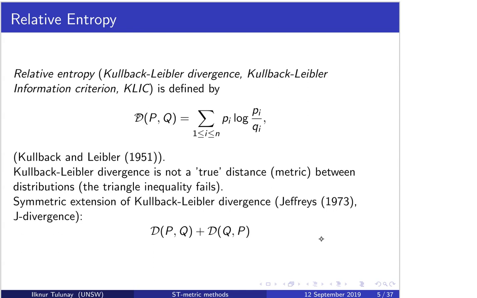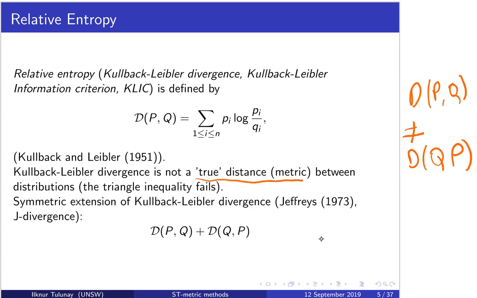The key here is that this is not a symmetric value, so D(P||Q) is different from D(Q||P). Also, it's not a true metric because the triangle inequality fails.